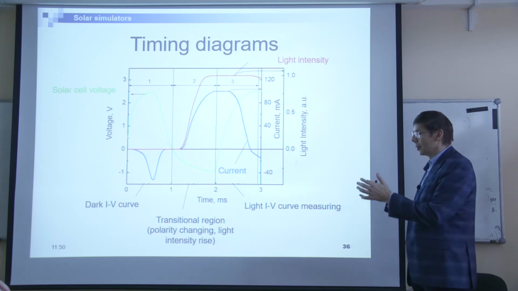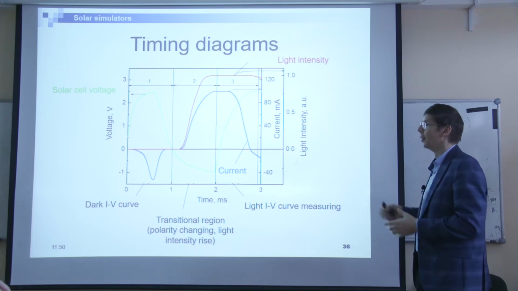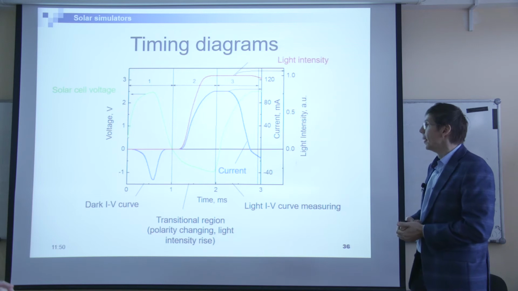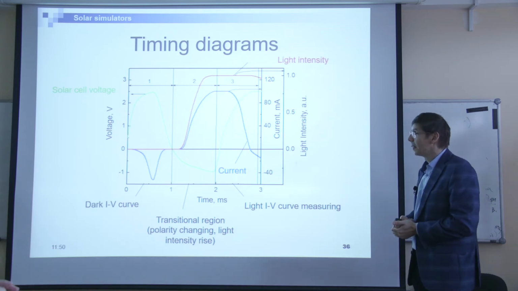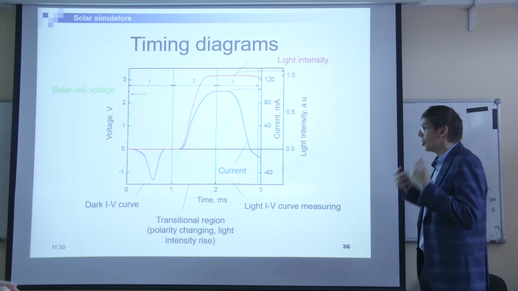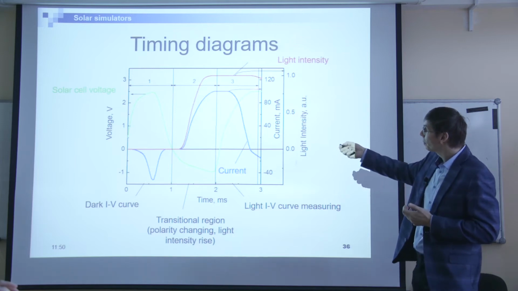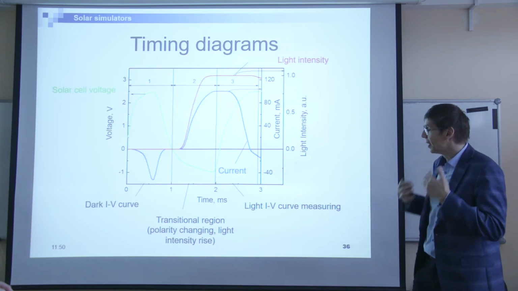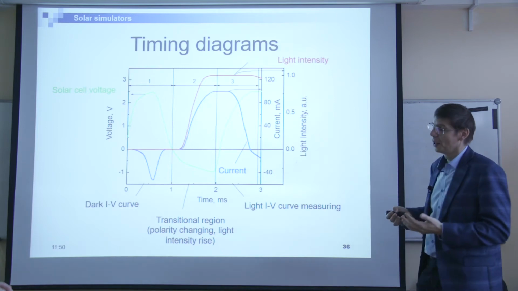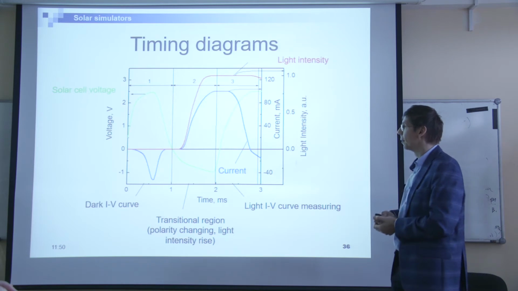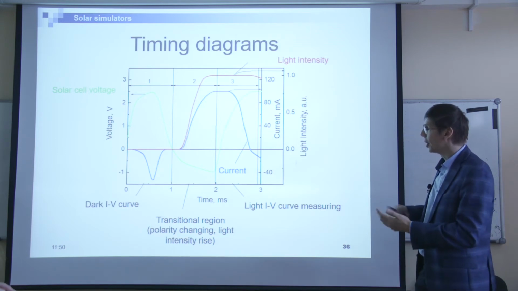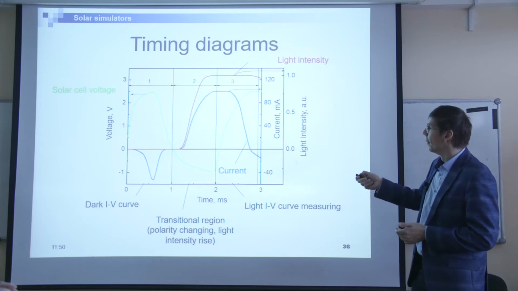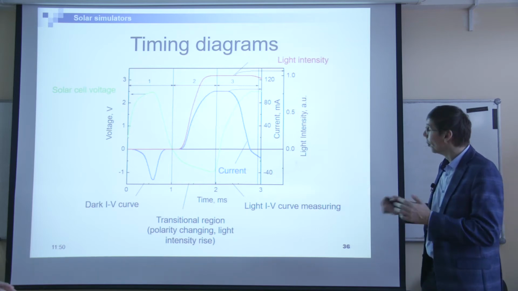I mean, if you measure some wafer, it's already a huge area in terms of the capacitance. The diffusion capacitance, which is normally at this direct bias, is quite significant, and this could affect the measurements.